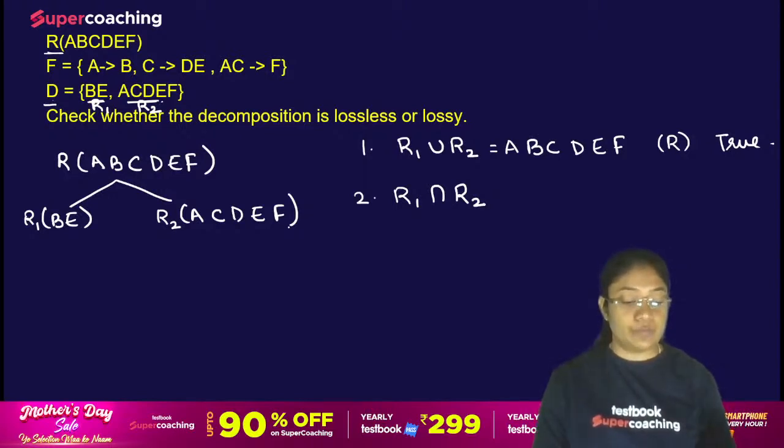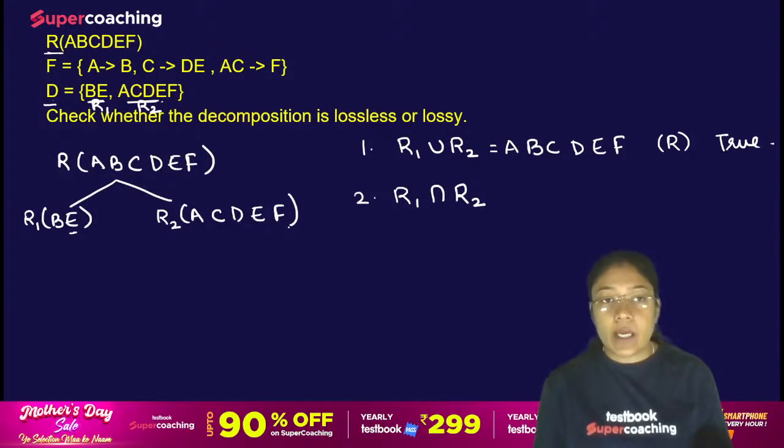Yes or no? If there is a common attribute, what is it? Okay, so here the common attribute is E. Very good. So this is not equal to 5. This means that the second condition is also true.